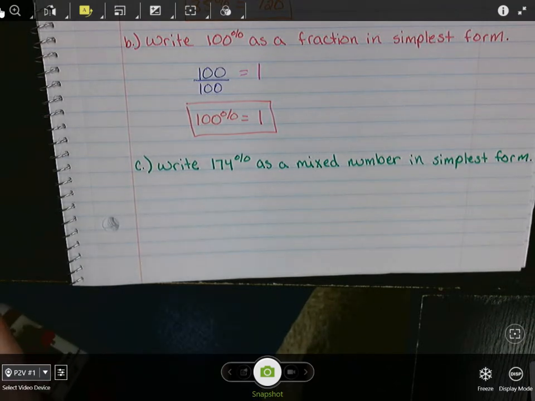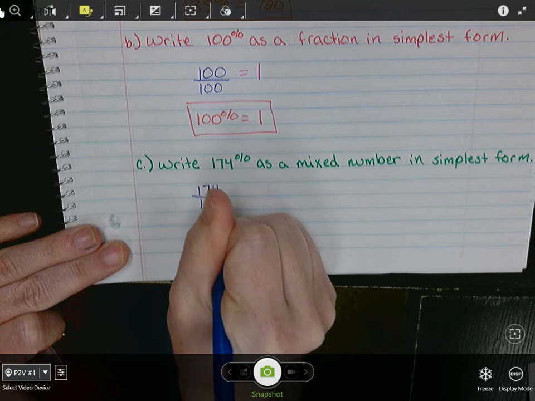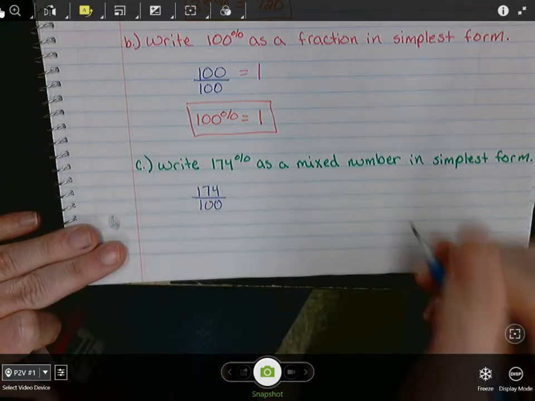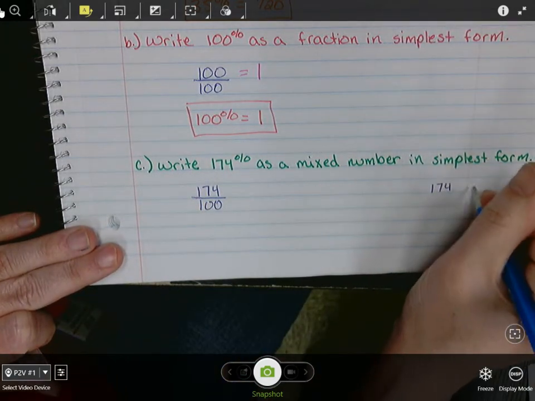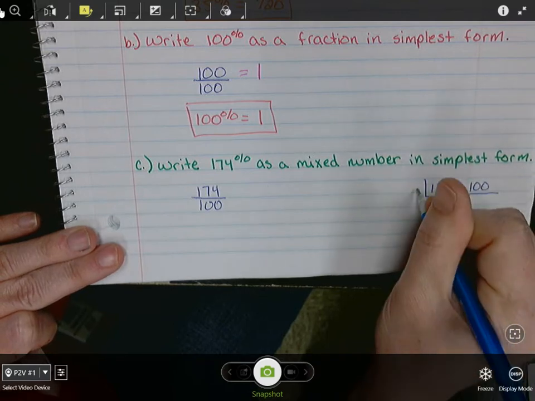Okay. All right, so what we do is we take 174 and we put it over 100. Okay, and then we simplify. So we do 174 and 100. I notice I can divide these both by 2.